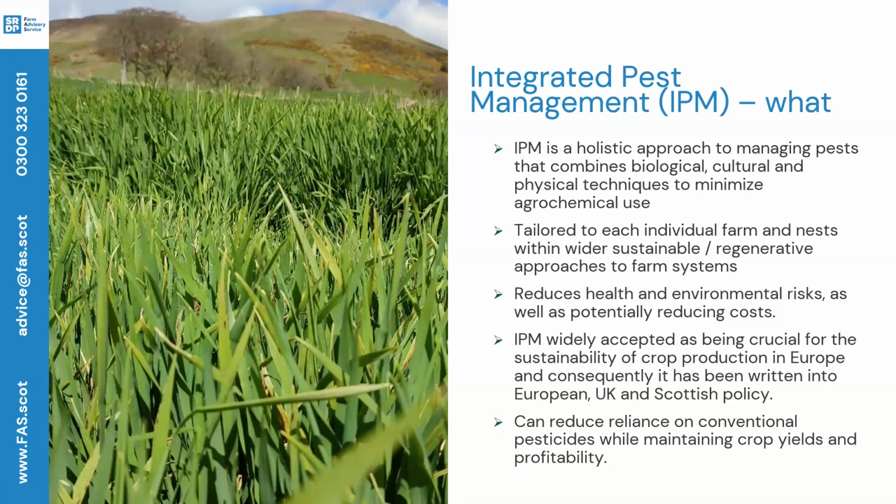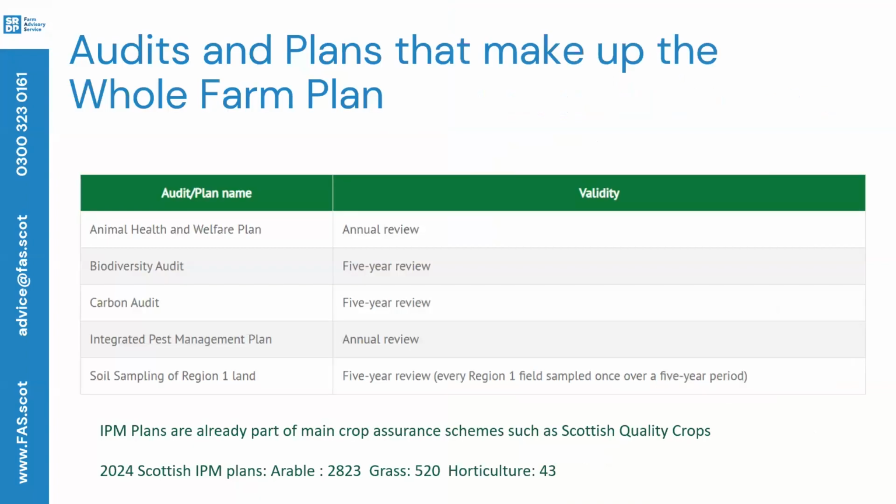The aim is reducing those health and environmental risks, but it's also helping you reduce costs. It really is now widely accepted as being crucial to the sustainability of crop production, and that's why it's within European, UK and Scottish policy. That premise that we can reduce reliance on conventional pesticides and maintain your yields and profitability is the sweet spot that we're aiming for with IPM.